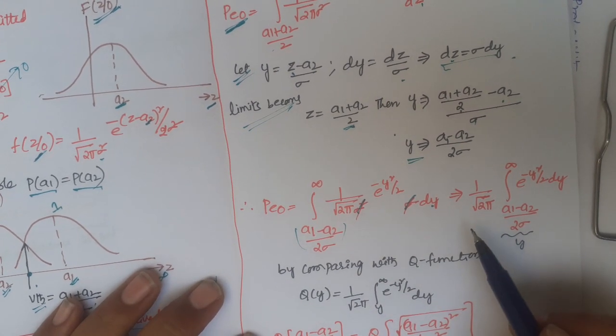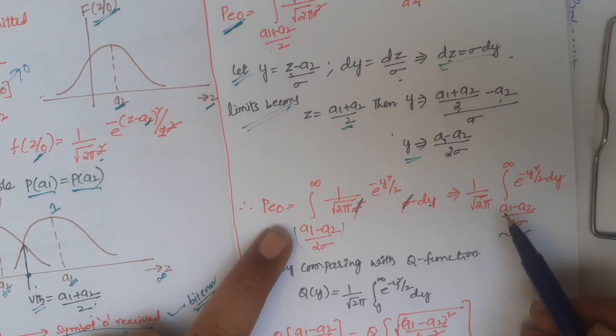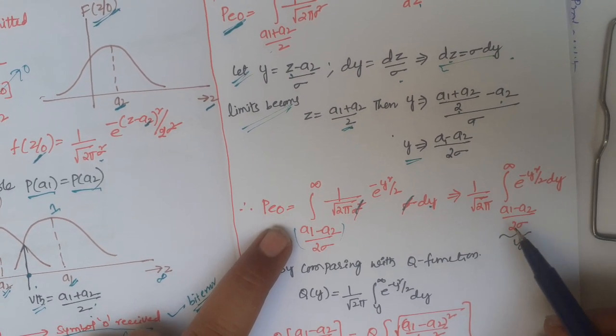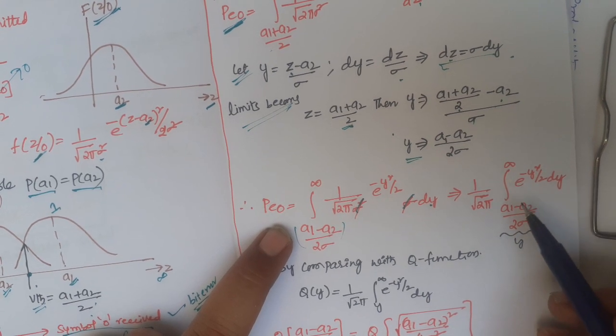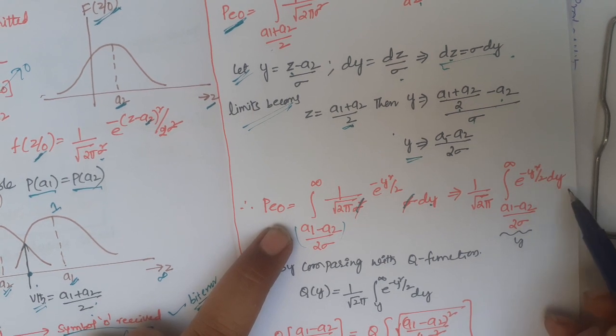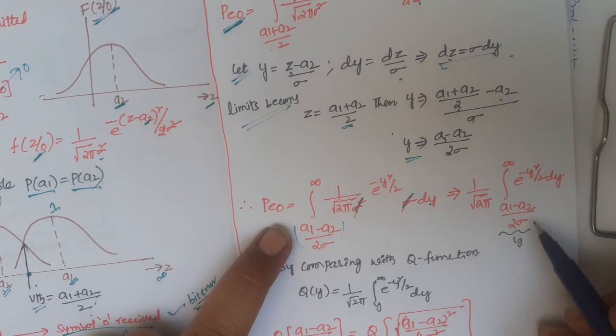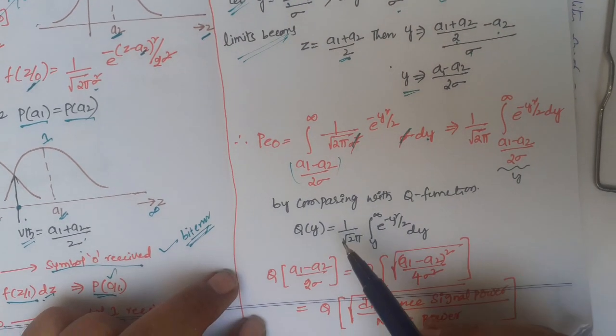So finally the probability of error of 0 becomes 1 by under root 2 pi, and this is the integral from (a1 minus a2) by 2 sigma to infinity of e power minus y square by 2 dy. So this value is y. Now I want to compare this equation with the Q function.